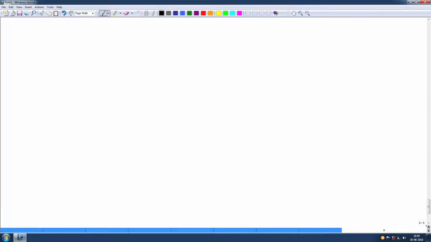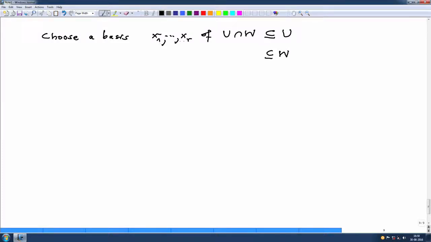Okay. So, first what we do is choose, we know every vector space has a basis, so choose a basis x1 to xr of U intersection W. This is a subspace of U, also a subspace of W. Now, this is a basis of this subspace of U, so I will extend this basis of U intersection W by adding a few vectors.